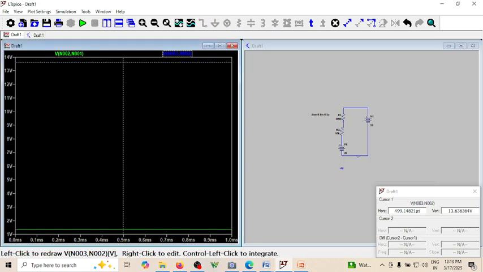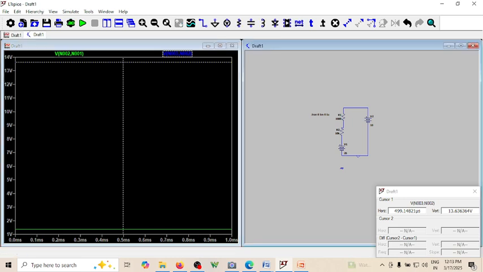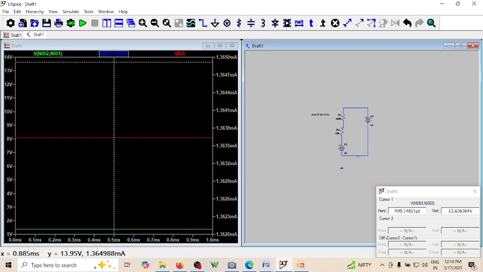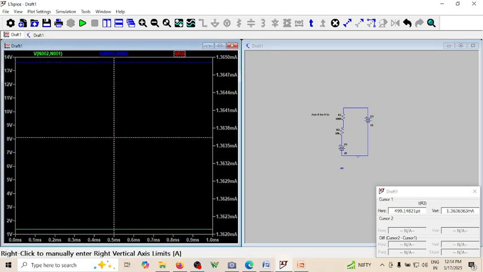That is almost 13 minus that, which will be 13.6 volts. Can you see this 13.6? And if you see the current here, of course the current is in the expected direction, so this happens to be 1.36 milliampere. The current through this is actually 1.36 milliamperes.